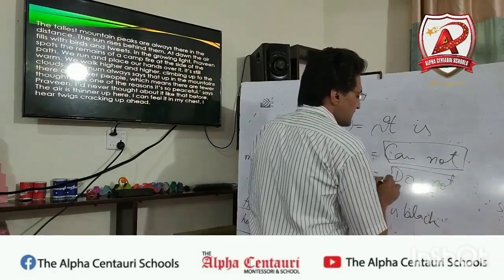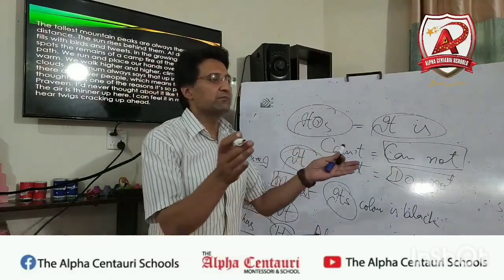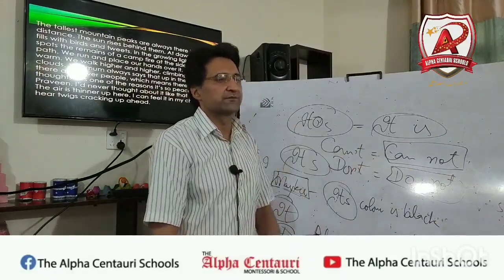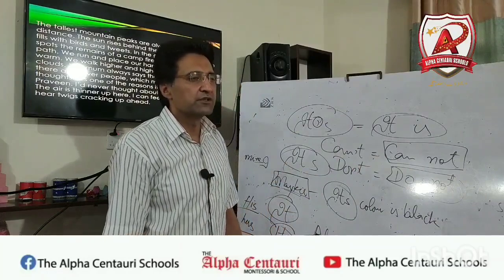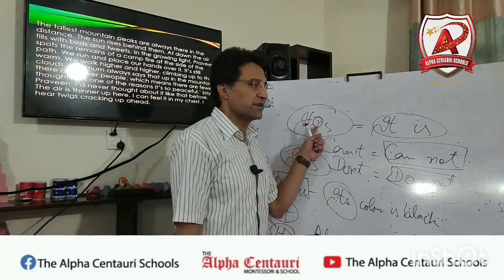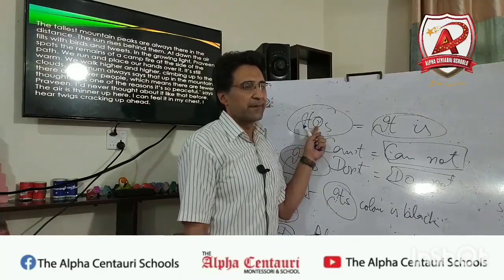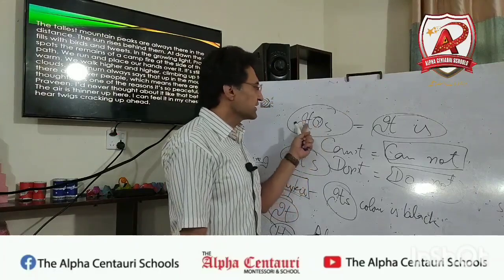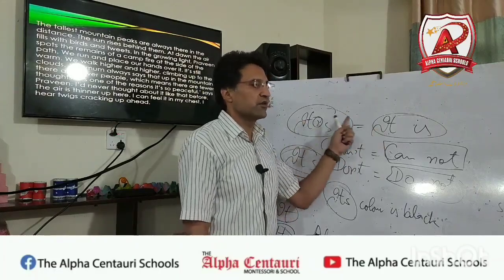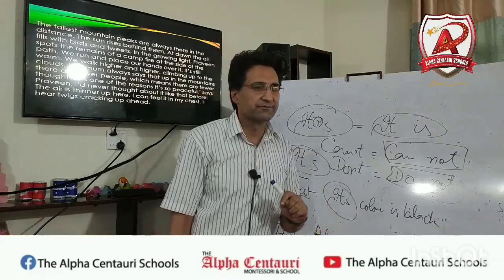Sometimes, to bring ease in language, to say it easily, we make the forms short. We cut them short using this apostrophe, this reverse comma. It is called what? Apostrophe. Now it's the short form of what? It is.